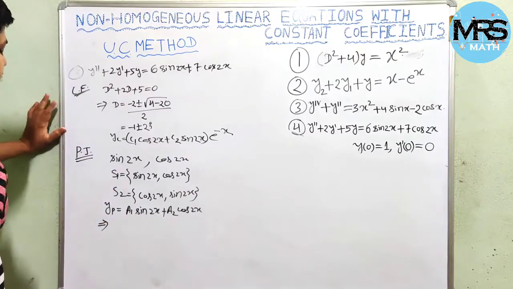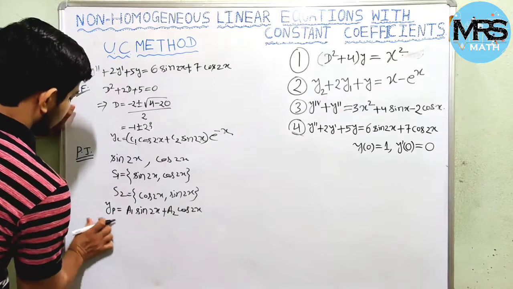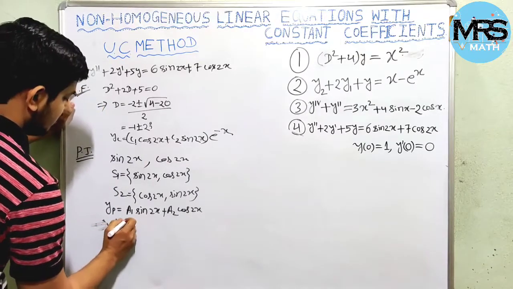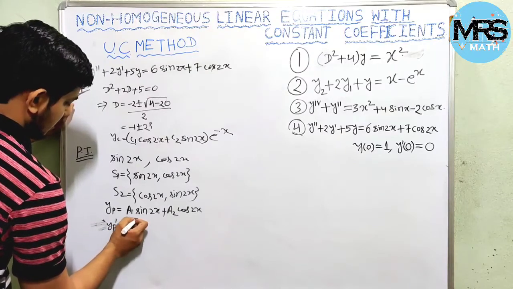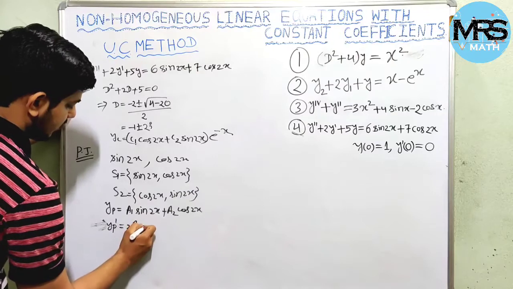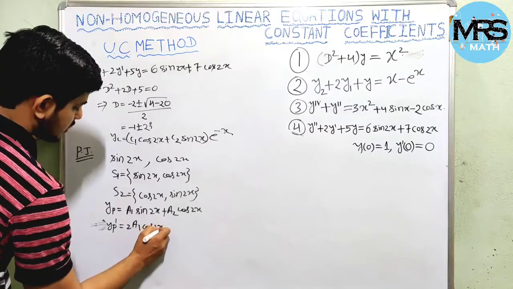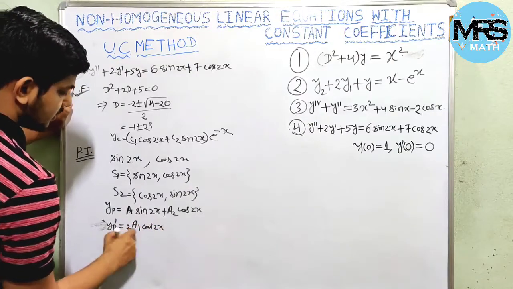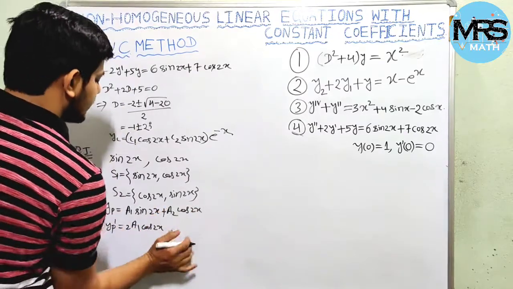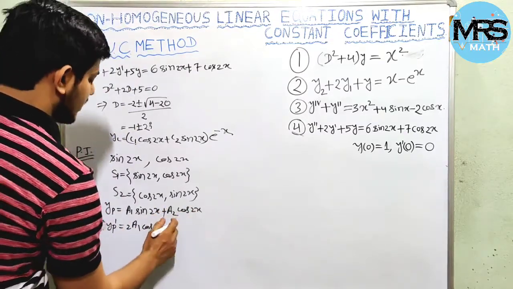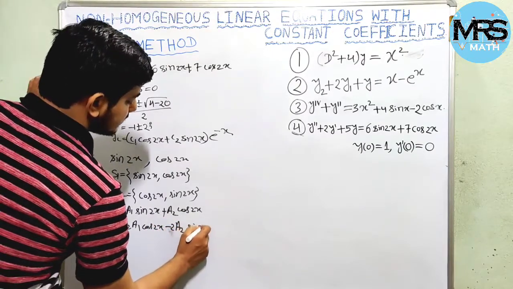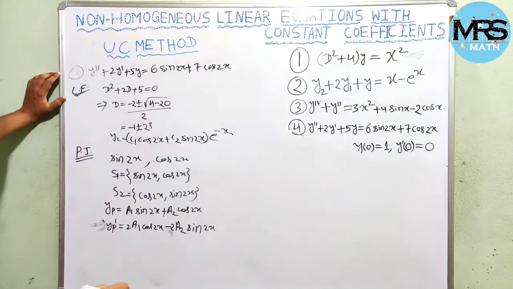So what we can write then, yp double dash we need, right? So first of all yp dash will be equal to 2 into a1 cos 2x, right, the derivative of sin is cos 2x, and the 2 is coming to that side, okay? Now the derivative of cos 2x is minus sin 2x, again 2 will multiply, so we can write minus 2a2 sin 2x, okay? There is no problem.